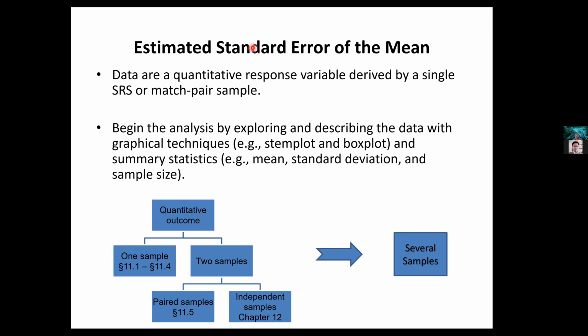Previously, we had the estimated standard error of the mean for the t-distribution. For the ANOVA, we include this arrow with the several samples, which means that a majority, well, I would say all, of your analysis will be from just sample data.